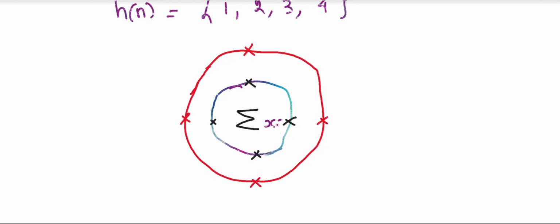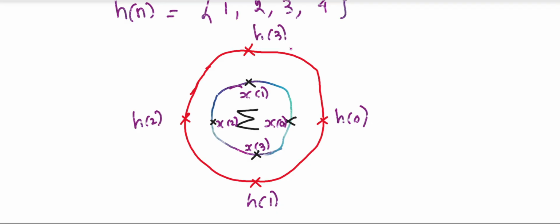The inner circle has x of 0 in anti-clockwise direction, x of 1, x of 2, x of 3, and the outer circle has h of 0 in a clockwise direction, h of 1, h of 2 and h of 3.